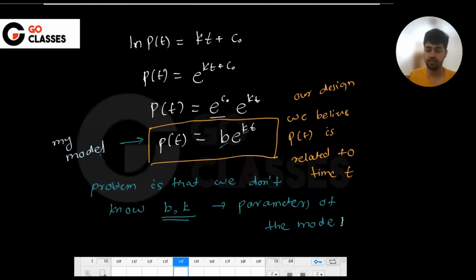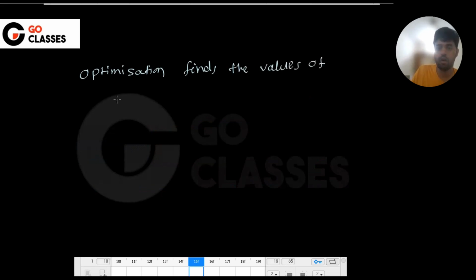Is that clear, right? And now I don't know the values, but I do know the data. So optimization: find the values of the parameters.